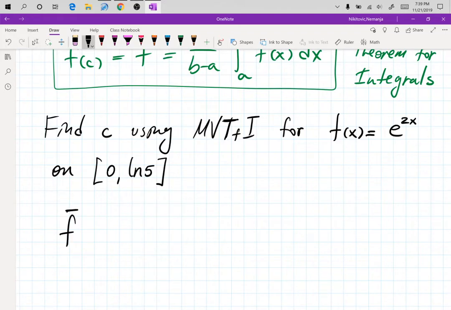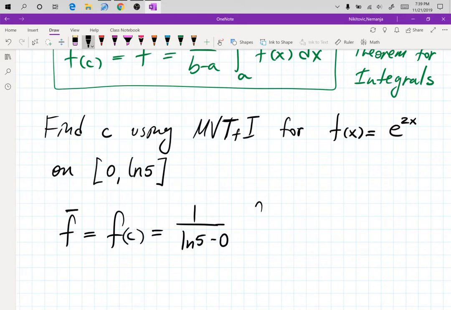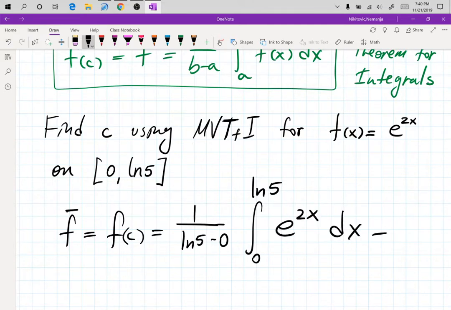So our f bar is equal to f of c is equal to 1 over ln 5 minus 0 integral 0 to ln 5 of e to the 2x dx.